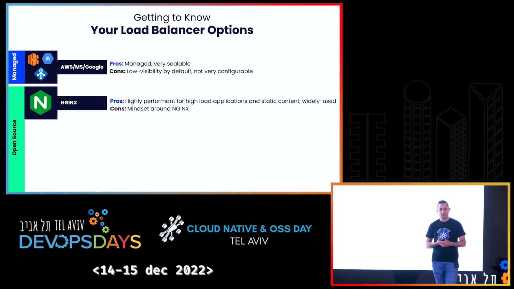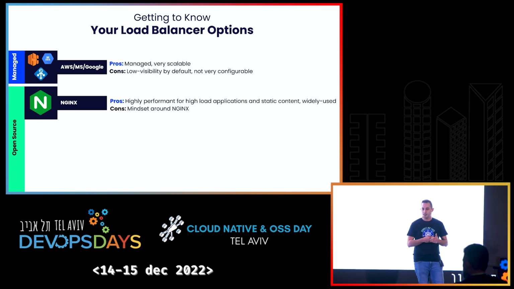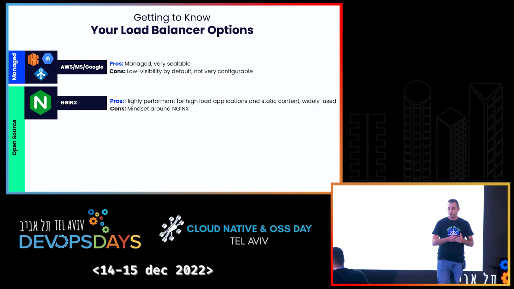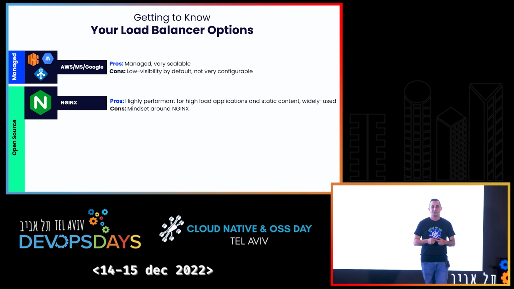Then, of course, we have the open source load balancers. I think the most widely used and known one is nginx. It's very, very performant, very scalable if you know how to use it. It does great for applications, static content, reverse proxying, and all of that. But I think there's an issue with the mindset behind nginx, that everybody thinks it's so easy.